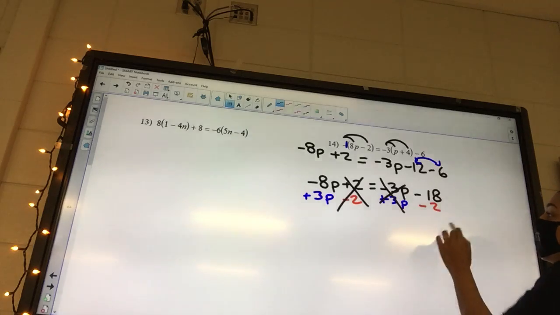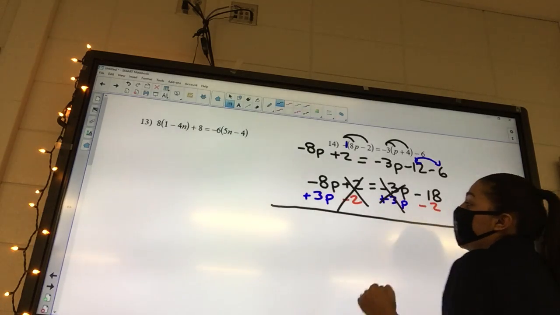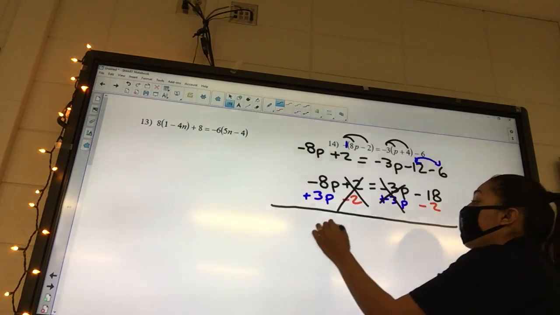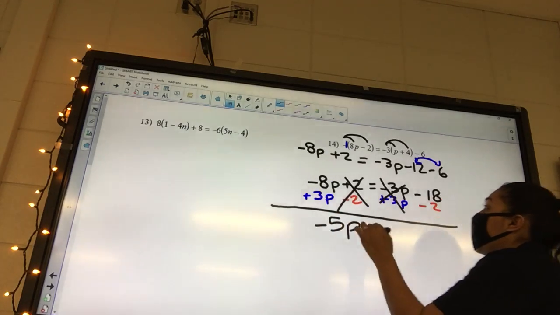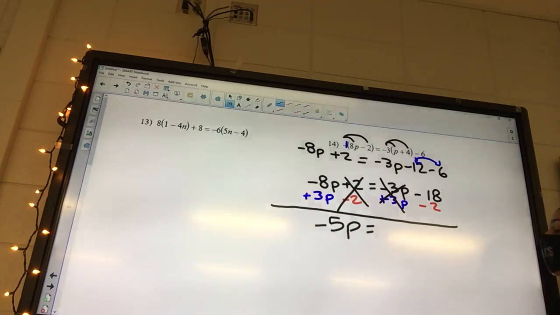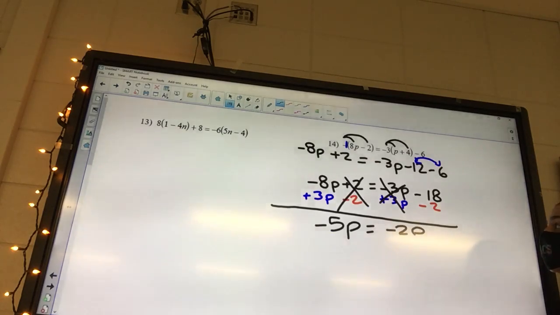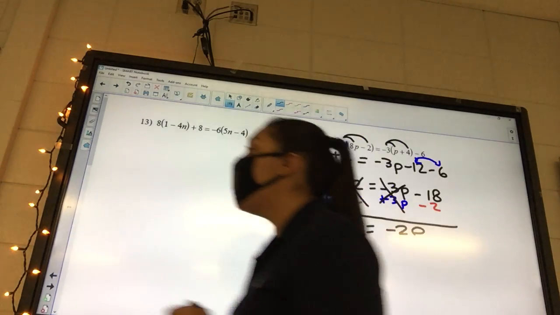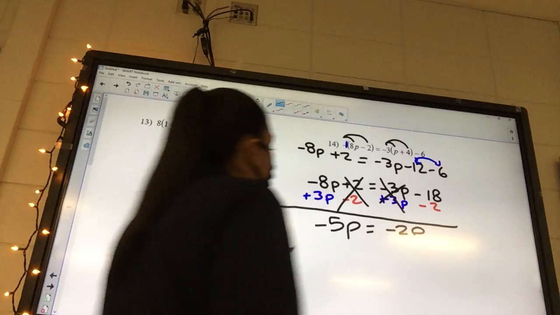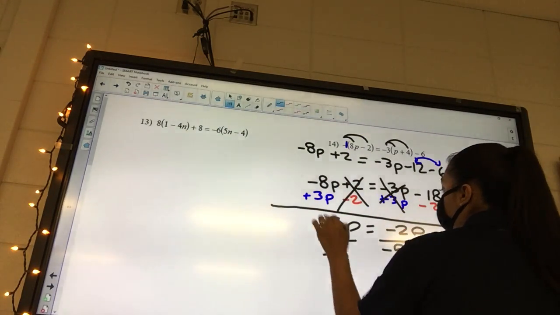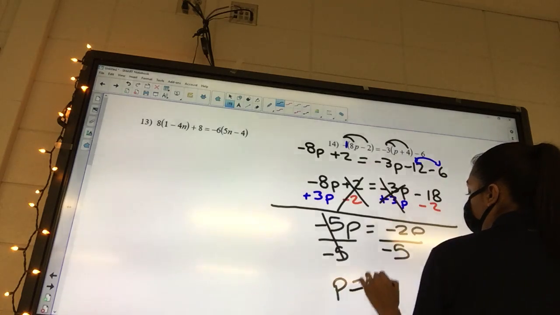These ones cross out. So let's look at what we got left. Negative 8 plus 3p, negative 5p. And I got a negative 18 minus 2, negative 20. What's our last step always? Divide. P equals 4.